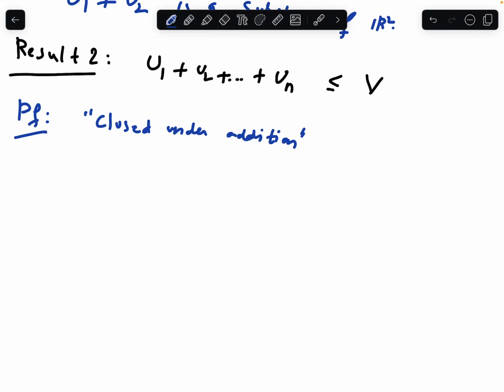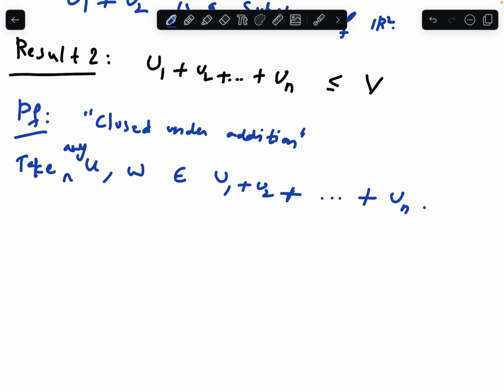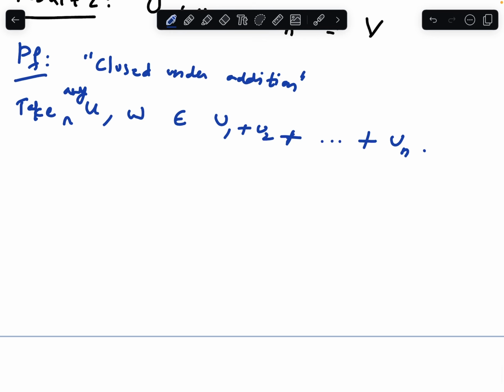For that, take two elements from it. Take any u, w from this set u1 plus u2 plus dot dot dot plus un. What does this mean?